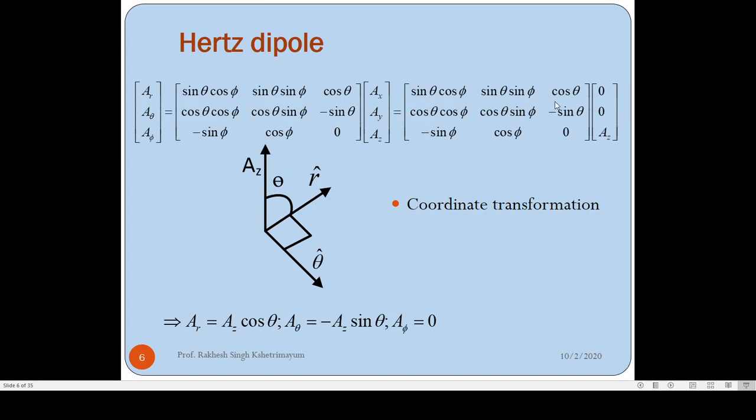You can see from this that A phi will be 0 because when you multiply this with this, you get 0.